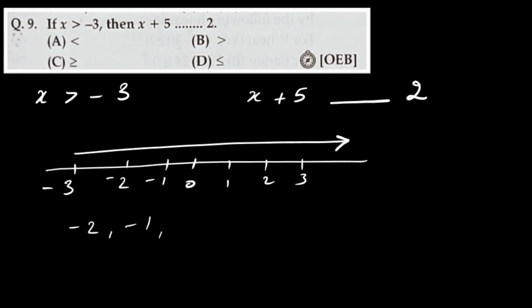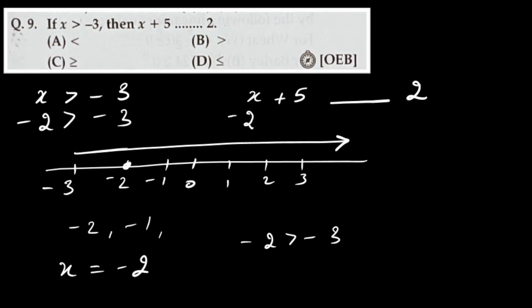But x is greater than -3. So I am just assuming x equals -2, because -2 is also greater than -3. You can see here I have -2. On this side, going through negative numbers, the smaller ones are the greater ones. So I am just substituting here. -2 is also greater than -3.